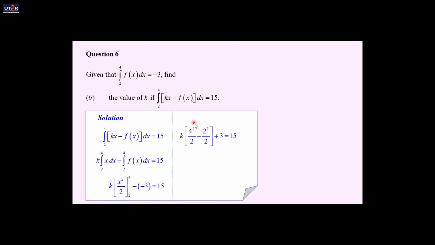By substituting the upper limit and the lower limit and finding the difference, we obtain 4 squared over 2 minus 2 squared over 2. By simplifying, we obtain k multiplied by 6, or 6k plus 3 equal to 15. By solving this equation, you should obtain k is equal to 2.